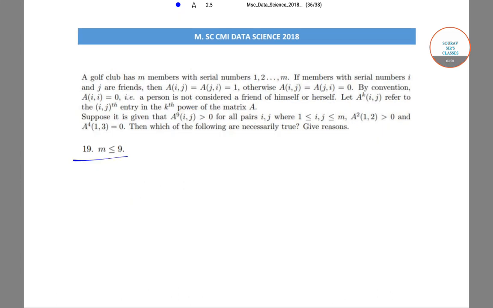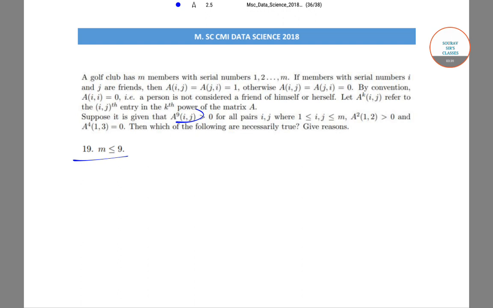We have already found that if i has a friend, a square of i, i is greater than 0, and if i does not have even a single friend, then a to the power m of i, j is equal to 0. But we have been given that a to the power 9 of i, j is greater than 0. So that means i definitely has at least one friend.